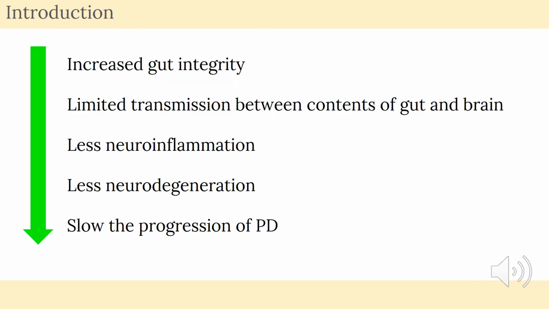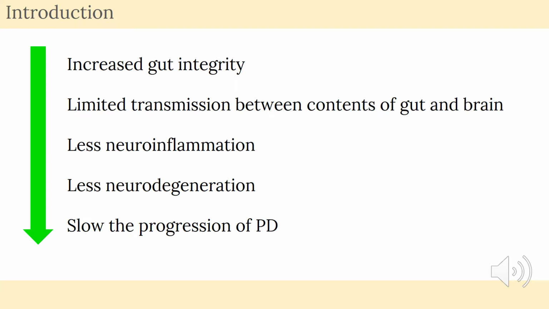Now we do understand other pathophysiology of Parkinson's disease apart from the Lewy body one. If we can reverse this process, we can find a new option of treatment for Parkinson's disease, starting from increasing the gut integrity, which means that the gut can hold itself together and not allow toxins or any metabolites to travel from the lumen into the circulation.